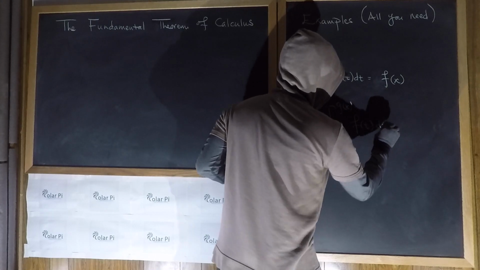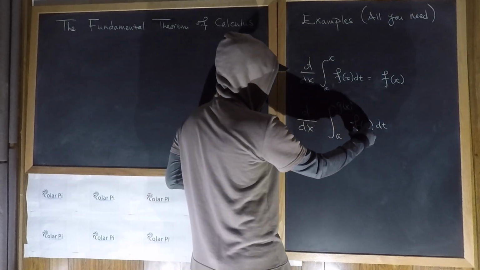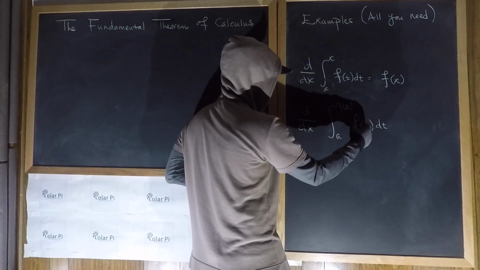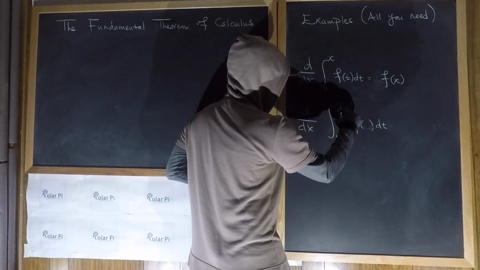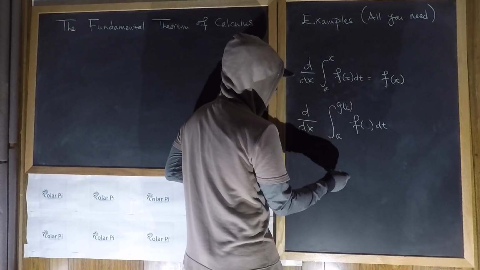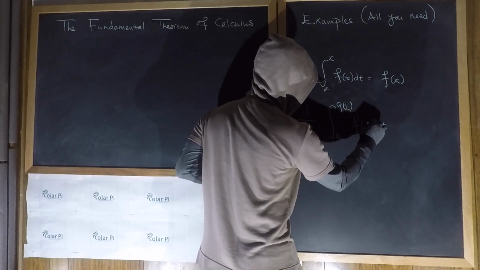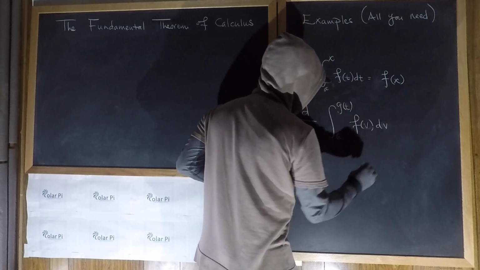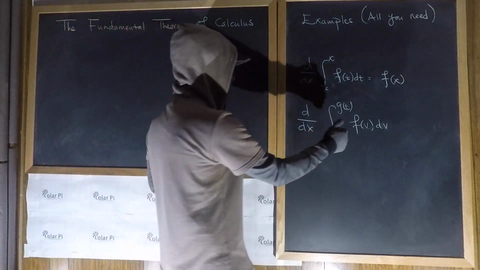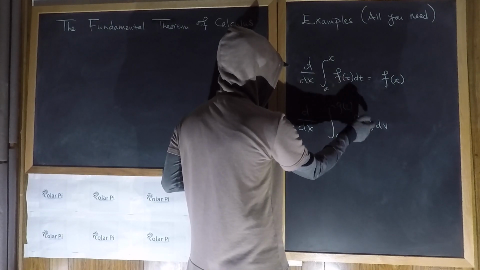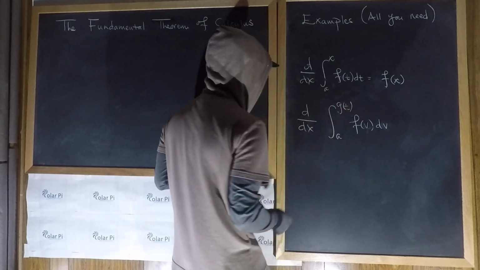fella says, and I guess, as I said, this just has to be different from whatever letter this is, so we can get fancy and make this g of t, and now I could say this is f of v dv, making very clear the relationship between this variable and this variable, which is that they must be different from one another.